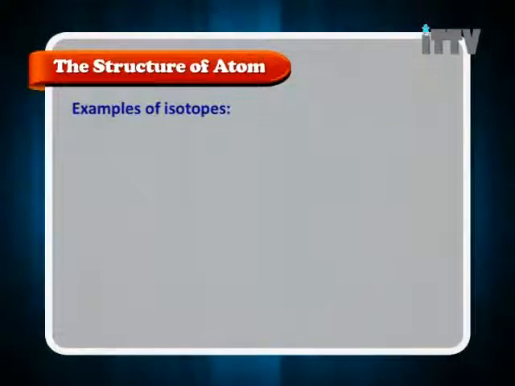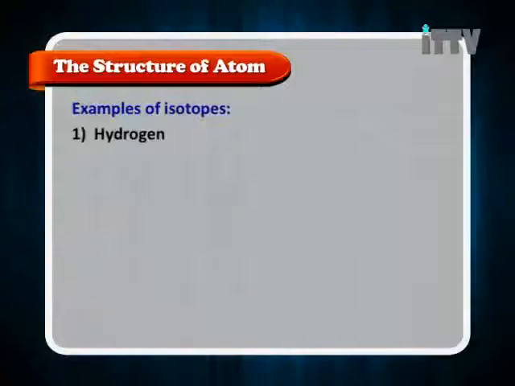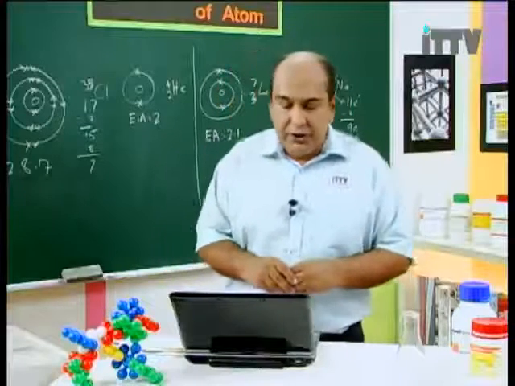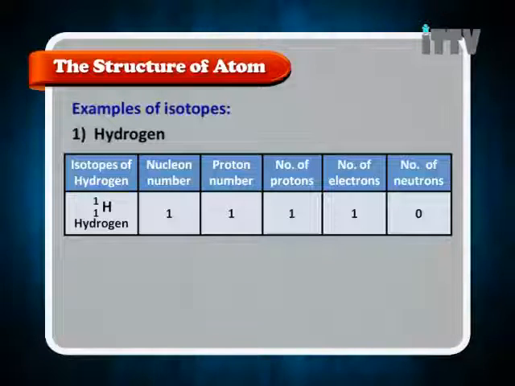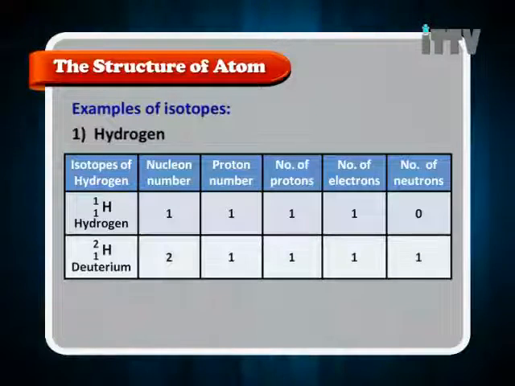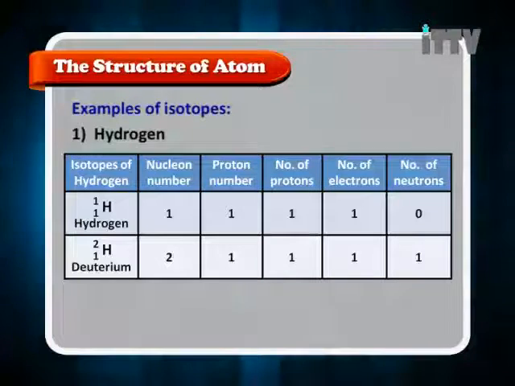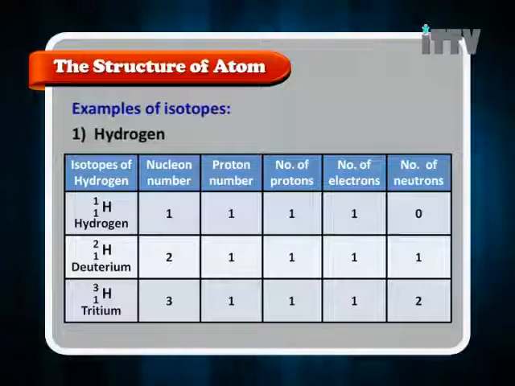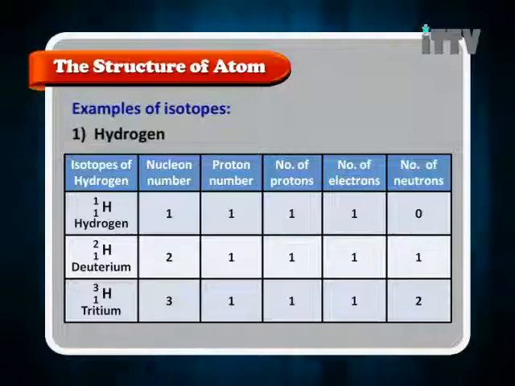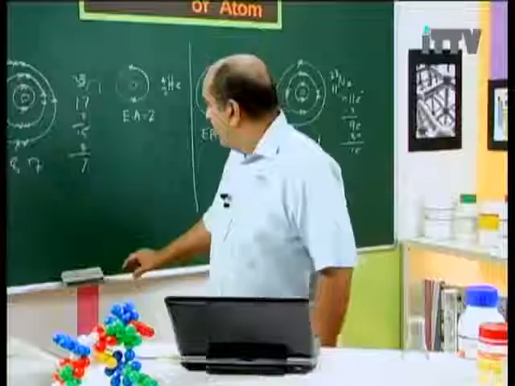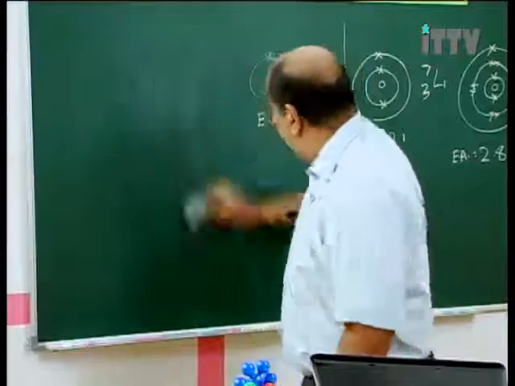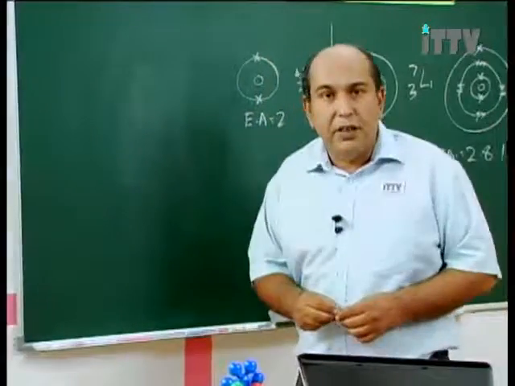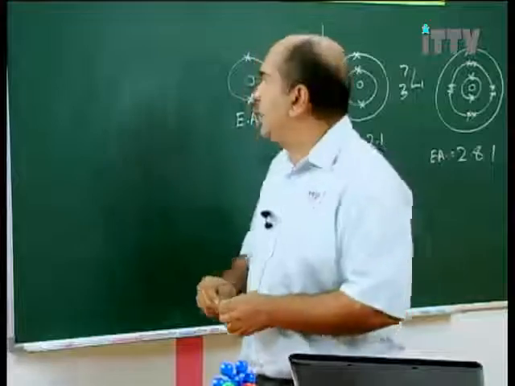Examples of isotopes. Hydrogen. Now we have three types of hydrogen. If you look at the slide, it says hydrogen 1,1, hydrogen 2,1, which we call deuterium, and hydrogen 3,1, which we call tritium. All of these are slightly different. So let's just clear this off. Now let's have a look at the symbols for the three types of hydrogen isotopes.